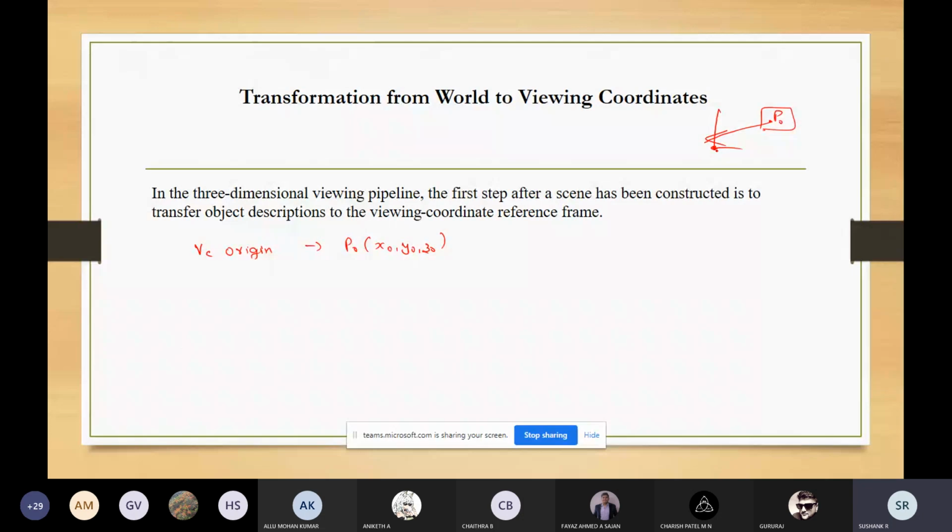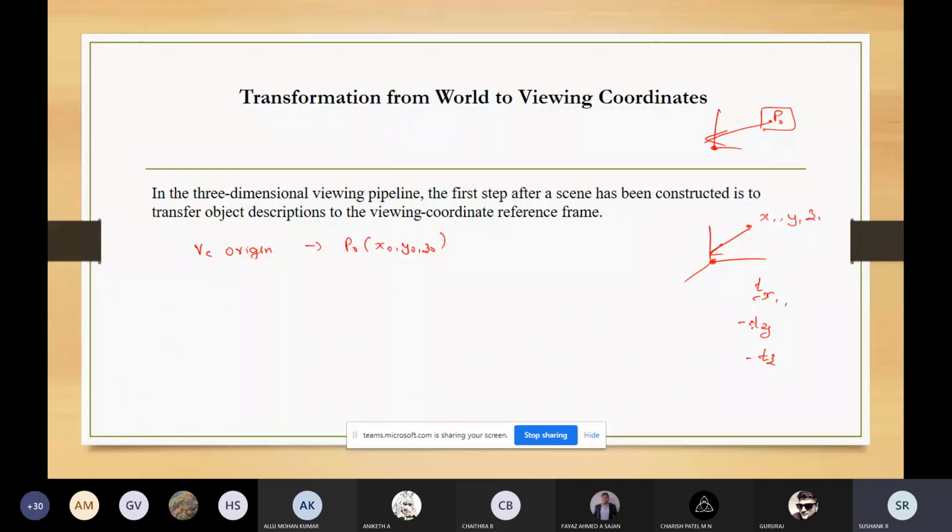If you refer to the previous module, there, if you want to move an object that is at some point x1, y1, z1 to the origin, we perform the inverse translation, with parameters minus tx, minus ty, minus tz.